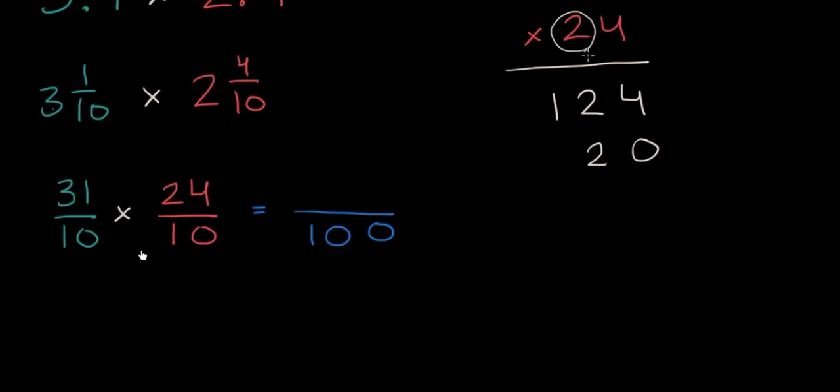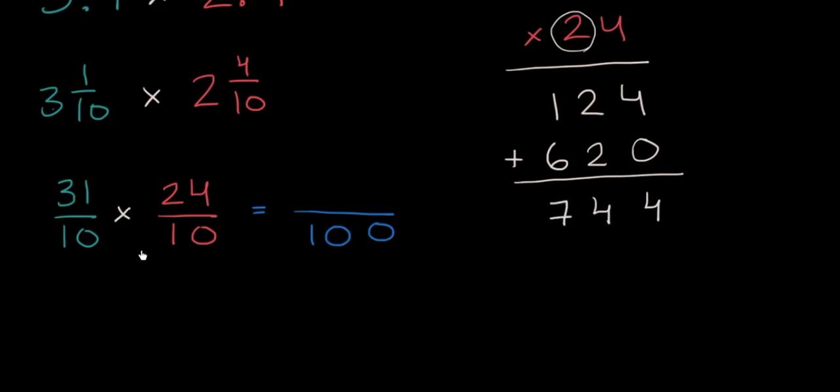2 times 1 is 2. 2 times 3 is 6. Really 600, because it's 20 times 30, but I'm just following the standard method for multiplication. And then you add these, and you're going to get 744.